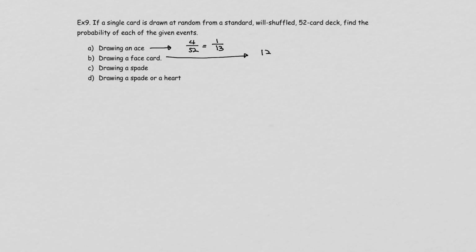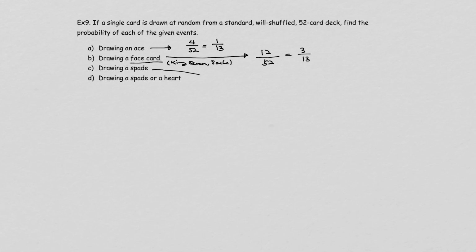So you have 12 face cards over 52. Again, what's the face card? Face card is going to be king, queen, and jack. And when you reduce this, it will give you 3 over 13.